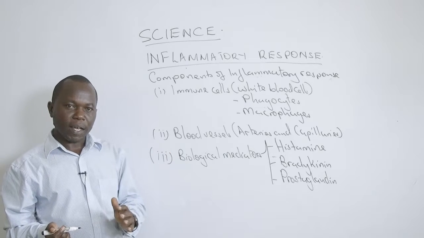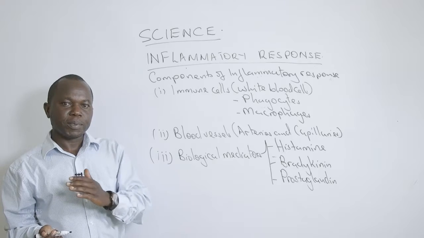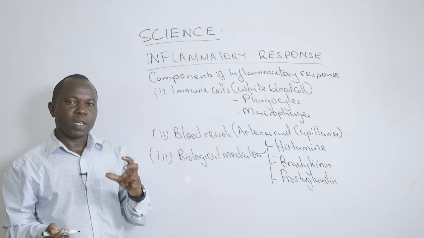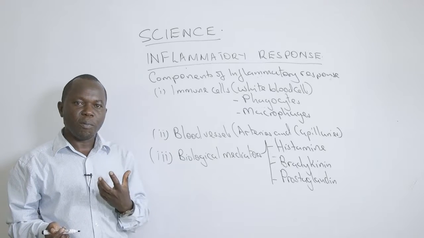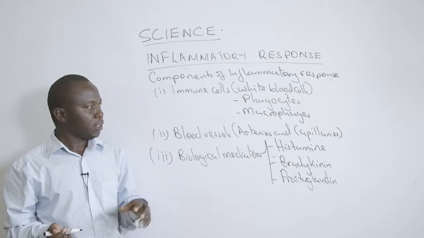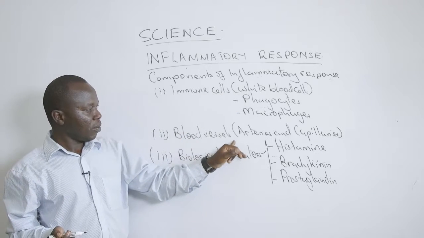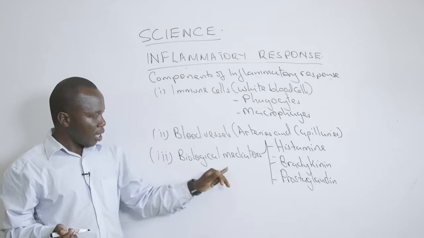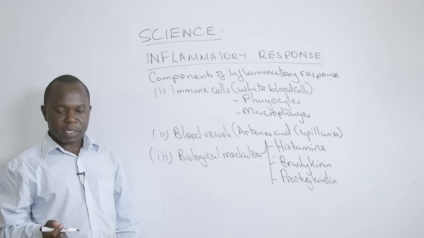Before we go further, we just have to remind ourselves, inflammation is simply a response of body tissues to a harmful stimulus. Most of the harmful stimuli are in the form of pathogens. That's why we need to find out how immune cells will be involved, what will happen to blood vessels, and what will be the role of biological mediators.